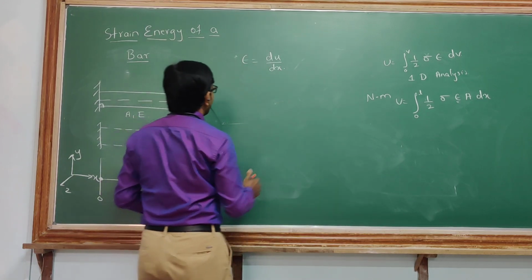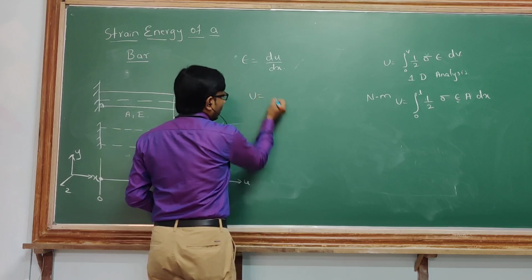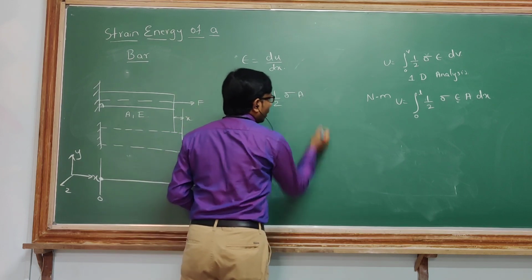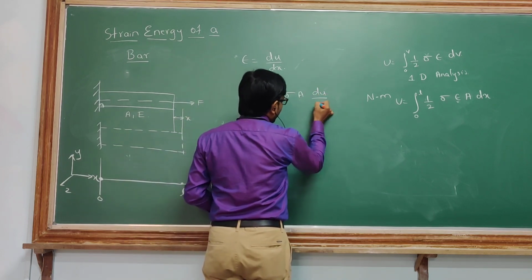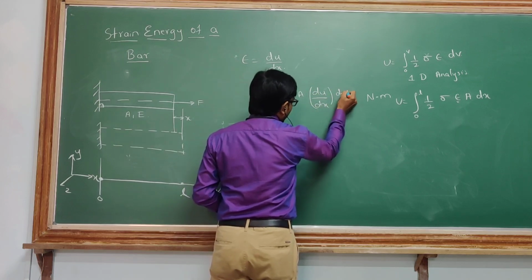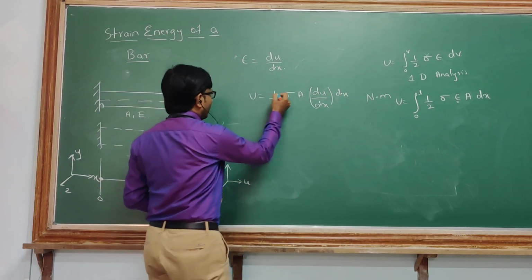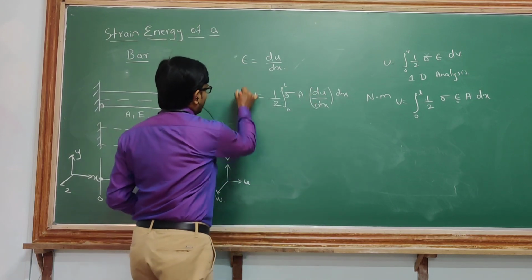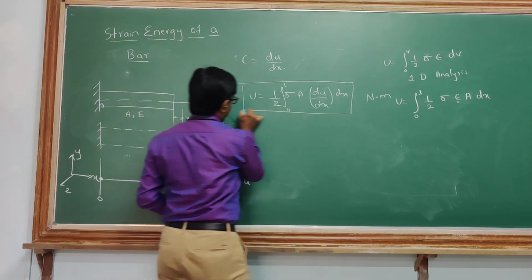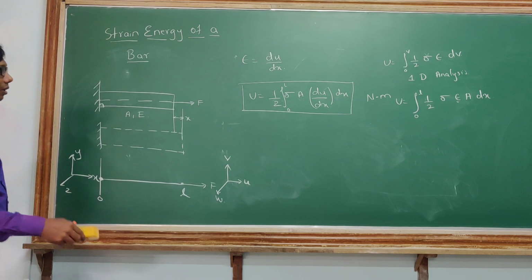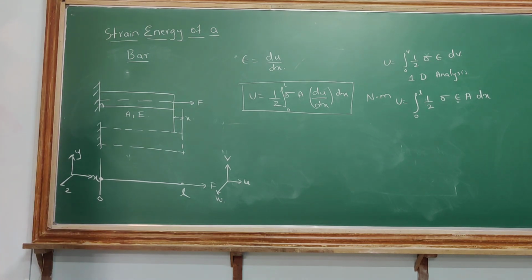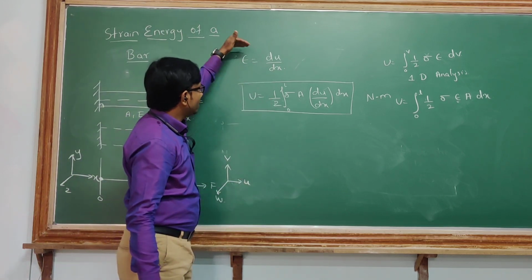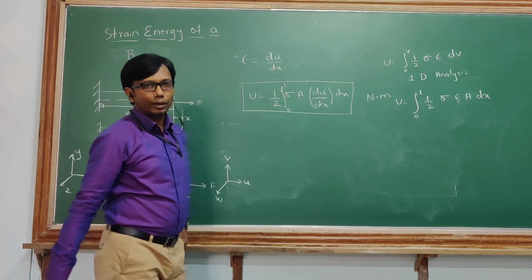So I will simplify it. U will be half, sigma A du by dx into dx, with an integration from 0 to L. So this will be the strain energy for a bar element, that is half into sigma A du by dx into dx, where I have just replaced epsilon with du by dx.